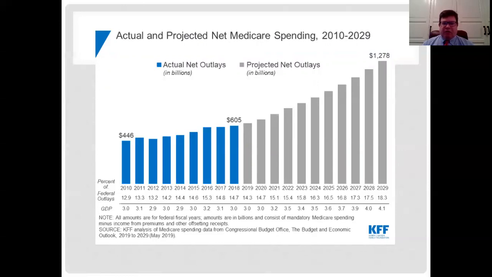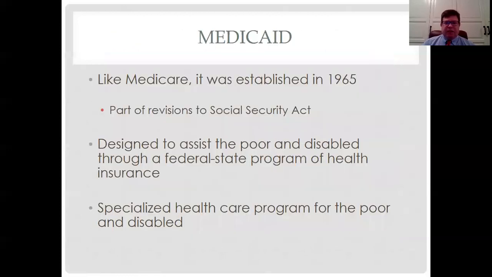That would mean that over the period of about 20 years, we would see that the overall expenditures on Medicare rose from about 3% of the economy or GDP to about 4.1%, and will grow from about 12.9% of the overall federal outlays up to about 18.3%. So reining in the cost of Medicare is a very important question that federal policymakers are dealing with.